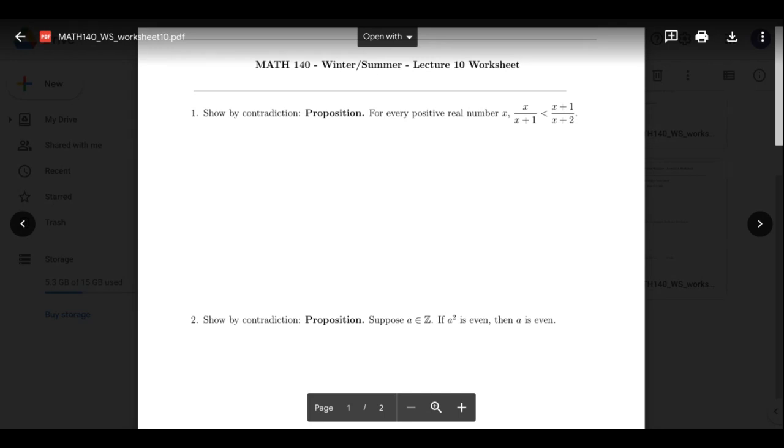Common denominator gives you x naught times x naught plus 2, right? Minus x naught plus 1 squared, which gives you negative 1 over this. Okay, the denominator is positive, but this one is negative.